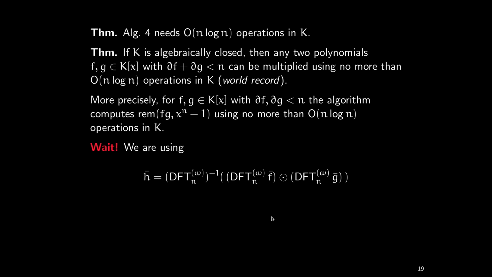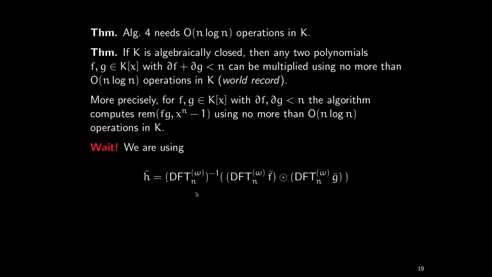If you look again at how we did this, the idea was to use evaluation and interpolation. The DFT does an evaluation here and there, and then I get the values of the product, and then I do interpolation. So all this looks good, and it is completely correct. But remember what we had for the formula for the inverse of the DFT.